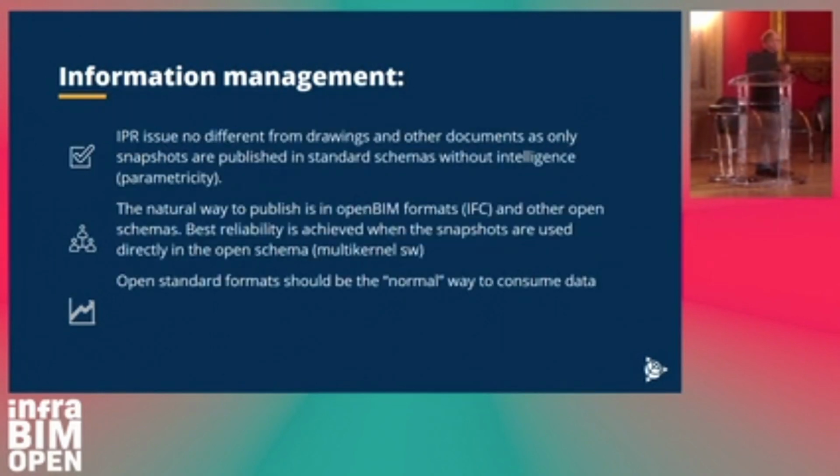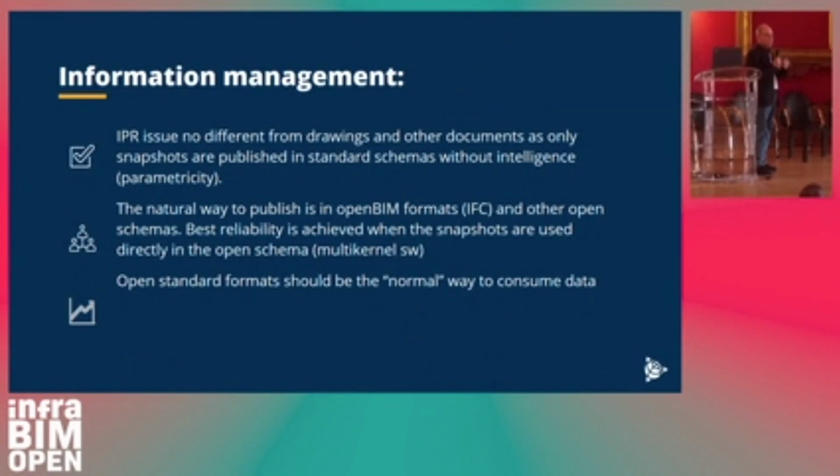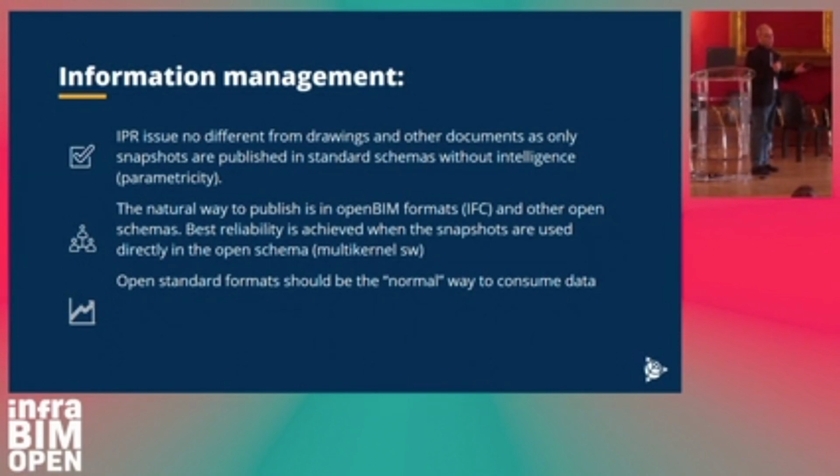Then information management, IPR issues. The nice thing with this is when you publish snapshots of the data, you don't publish the parametric intelligent models, because they are not just static data parameters, they are code, program, intelligence, which can react to changes. And you don't publish them because you don't need them later on.